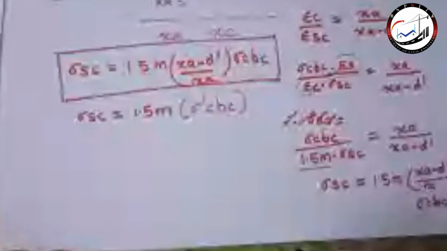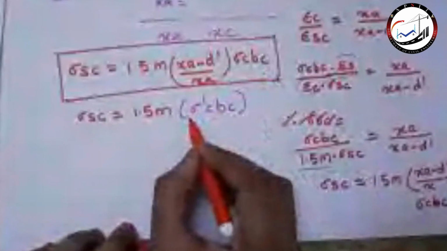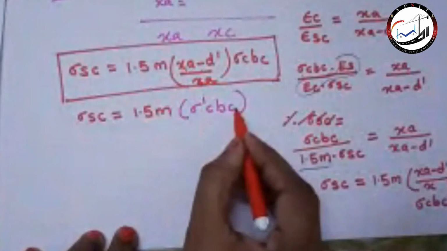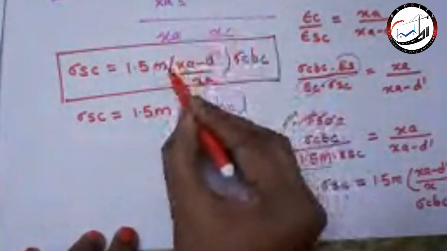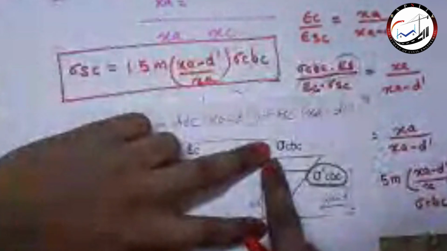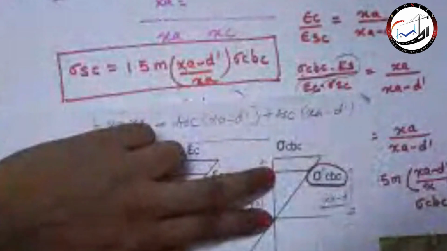If you look into this term, sigma dash CBC, I have replaced this by XA minus D dash upon XA into sigma CBC. Now, if you see the diagram, you will find that it is this term XA minus D dash. So it is D dash for the area of the steel in compression. So I get this much part divided by XA.